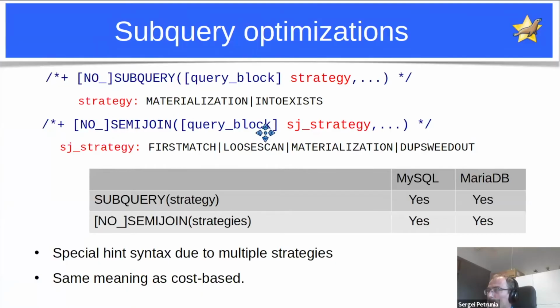For semi-join, you specify which strategy you want to use in some query block, and the optimizer will use best effort in trying to construct a query plan as specified. Here the optimizations are close between databases. We follow them closely, extending where MariaDB has some extensions.